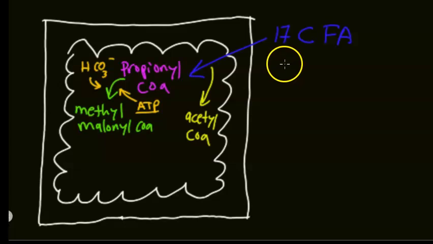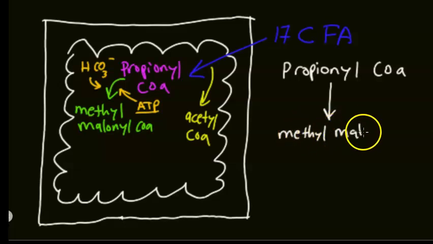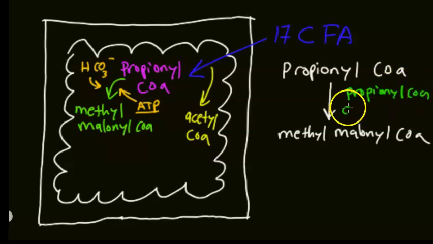So we start off with propionyl-CoA, which we make during the last round of beta oxidation, and this will be first converted into methylmalonyl-CoA. And the enzyme, let's put that in green, is known as propionyl-CoA carboxylase.